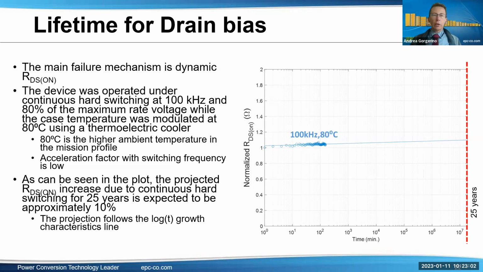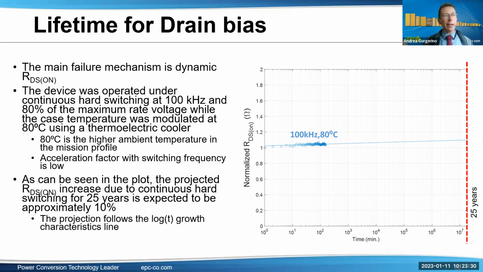The next failure mechanism we want to talk about is the lifetime for drain bias. This is an area that is very different from silicon FETs. The main failure mechanism when we talk about drain bias for GaN is dynamic RDS-on. I'm sure a lot of you have heard about this. Dynamic RDS-on is the phenomenon where during normal operation, because of drain bias, the RDS-on of the device actually increases.